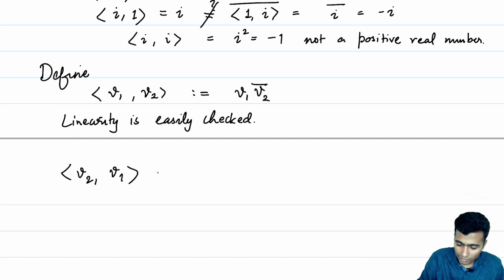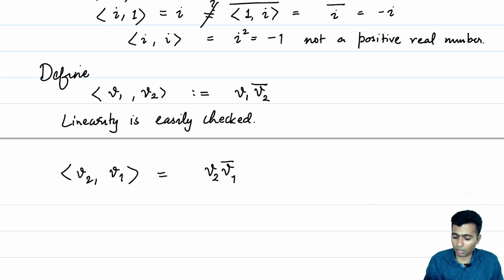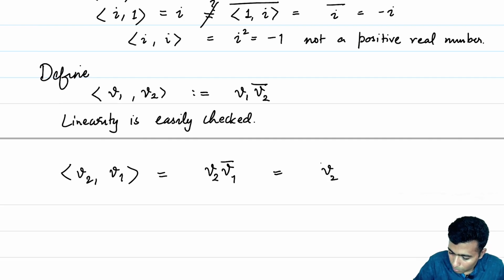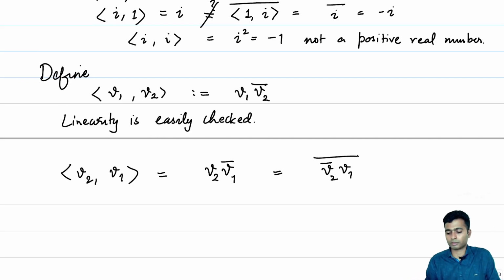The inner product of V2, V1 by definition is equal to V2 times V1 bar. But what is the conjugate of its conjugate? The conjugate of the conjugate of a complex number will give you back the complex number itself. So maybe I should write it carefully. This is going to be the bar of V2 bar times V1. If you carefully observe, that is precisely what the conjugate means.